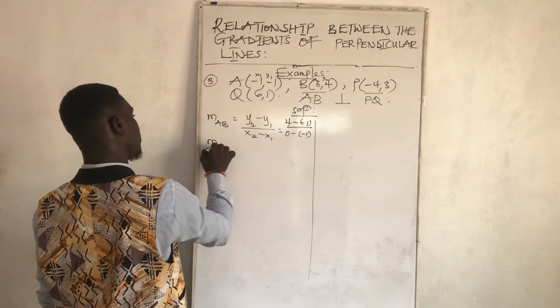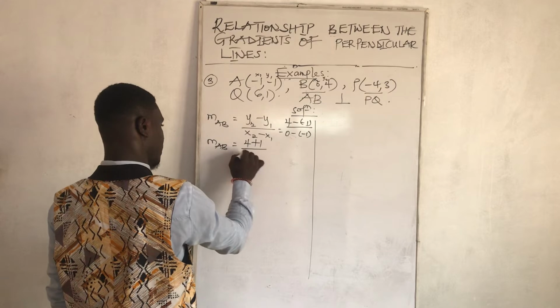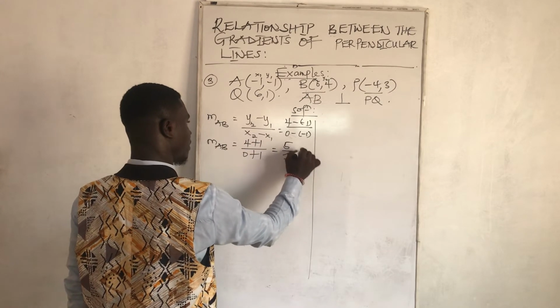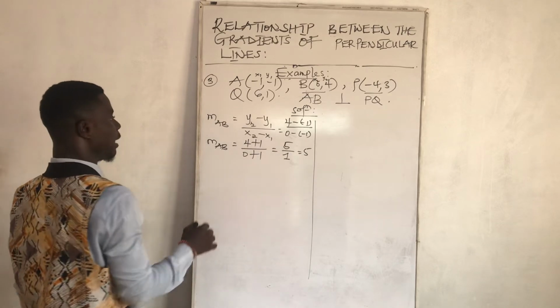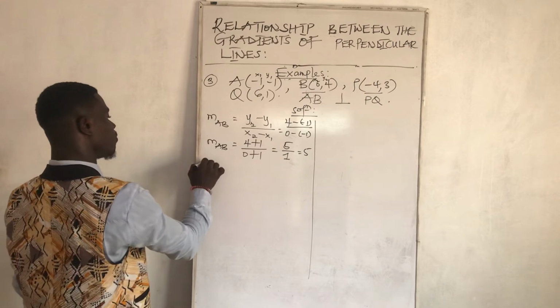So I have m of AB equal to 4 + 1 all over 0 + 1, which is 5 over 1, which gives us 5. So we know that the gradient of AB is 5.